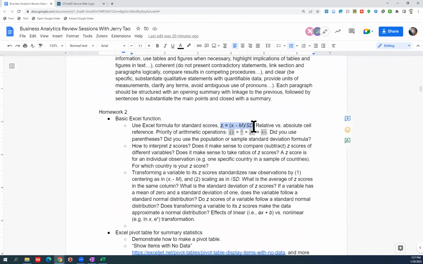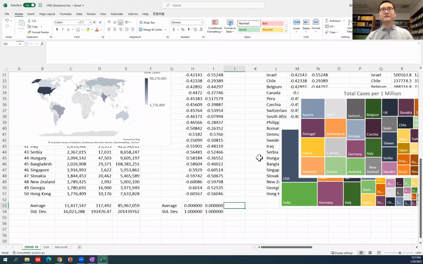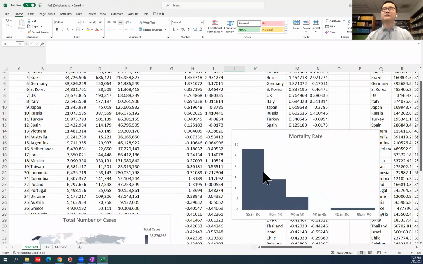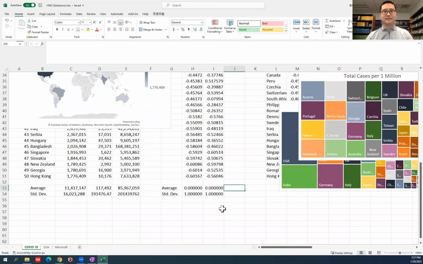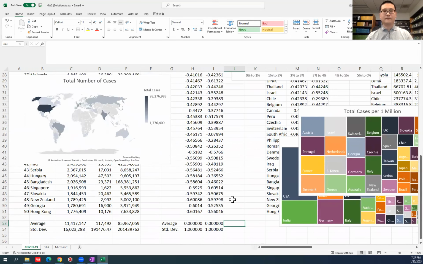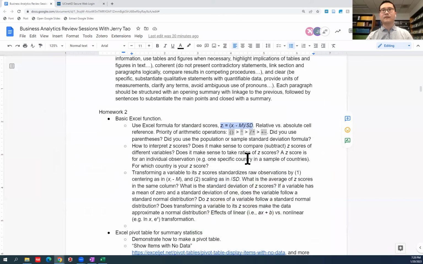Okay, feel free to calculate this for some additional columns. For example, later we also calculated a z-score for mortality rate, right? And some other additional statistics. Feel free to redo the practice for another series of z-scores.